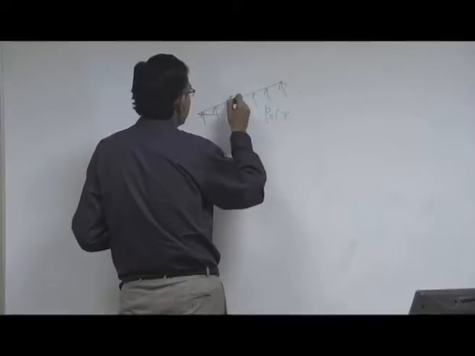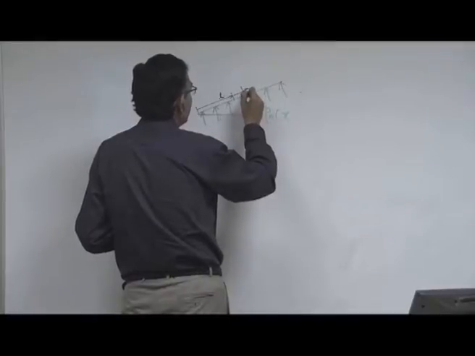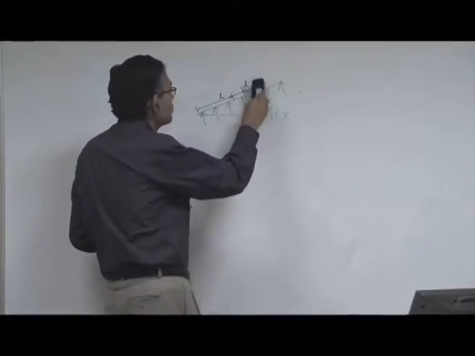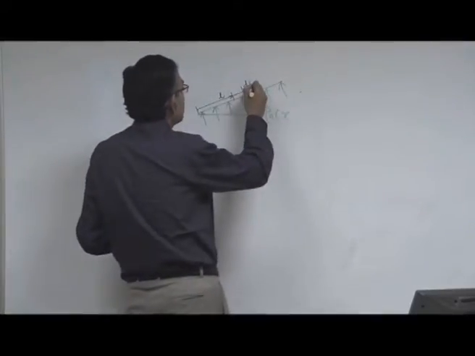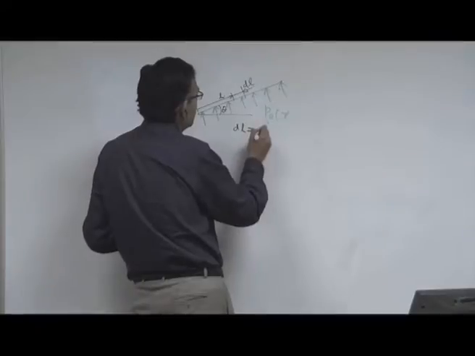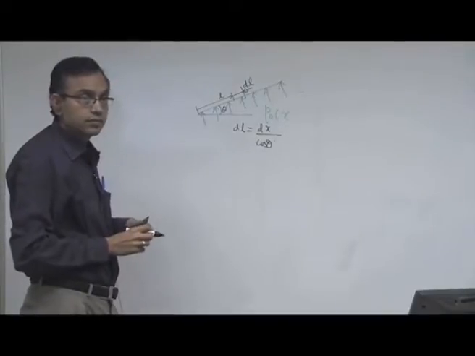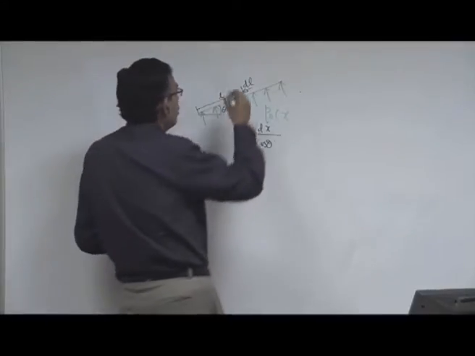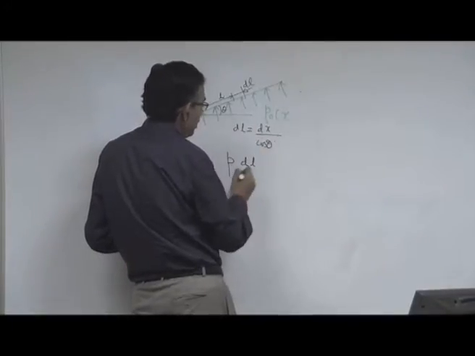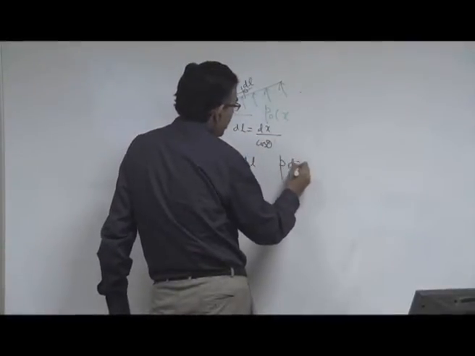At a given x, we take a strip of length dl. If this angle is theta, then dl is dx by cos theta, right. So, what is the normal force on this? P into dl into the width. Let us say width is equal to 1. So, P into dx by cos theta.